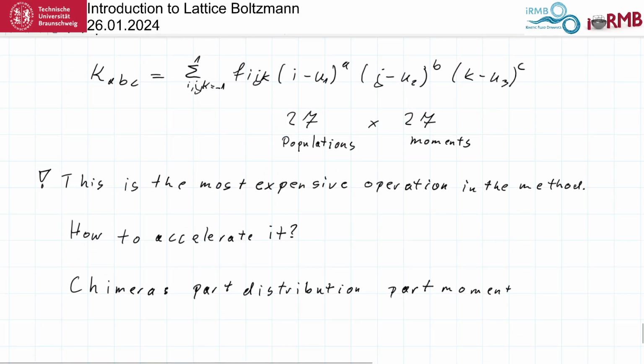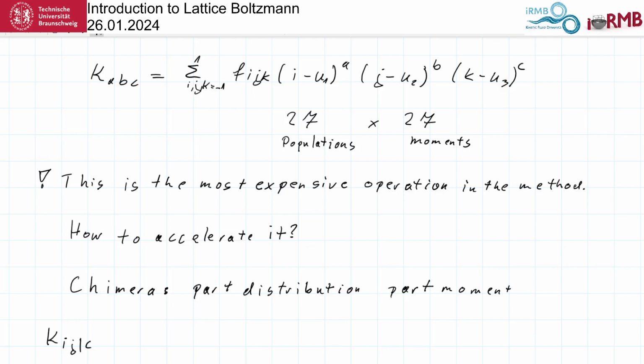So what do we mean? Say there is K, I define now K_ij|c. So i, j are the indices of the populations, yeah, in the distribution space. And I make a line here just to separate them.